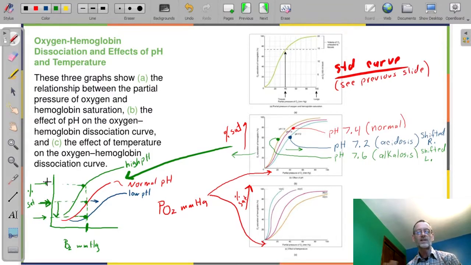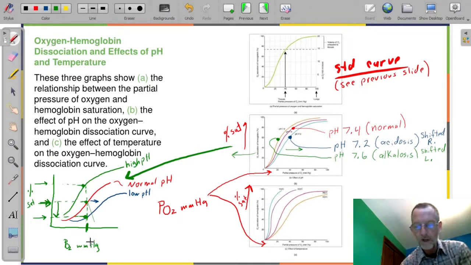So in some ways this is sort of a physical characteristic of the hemoglobin in response to pH. So the main point to note is that when the curve shifts to the right, it promotes dissociation. So here the blue line, low pH, shifted to the right, away from the normal, and that facilitated oxygen dissociating from the hemoglobin and delivered to the tissues.